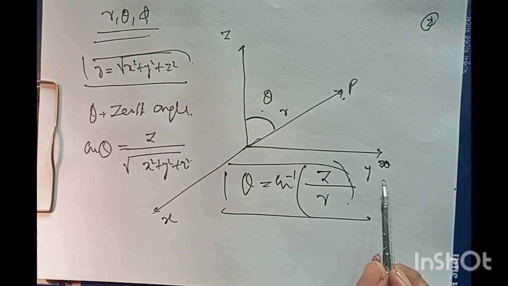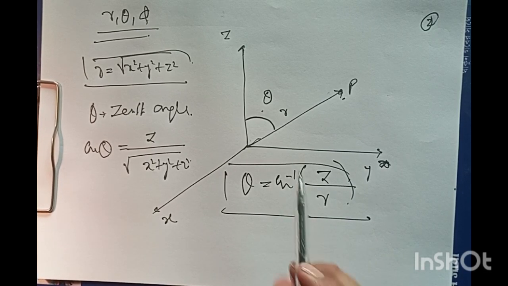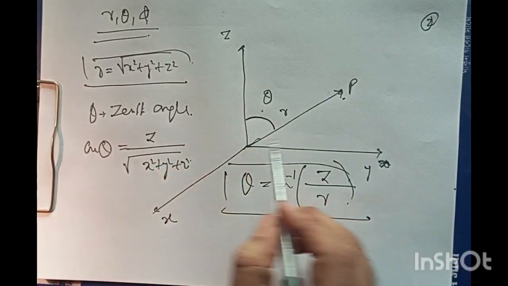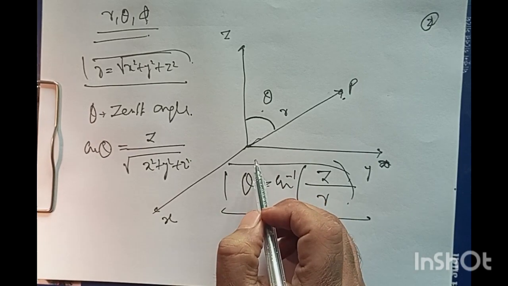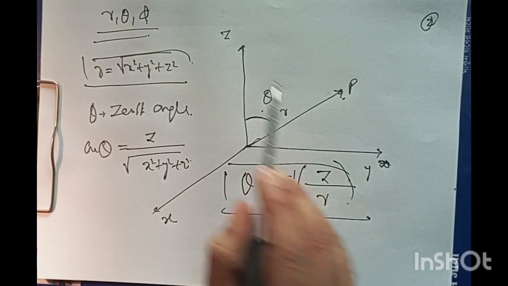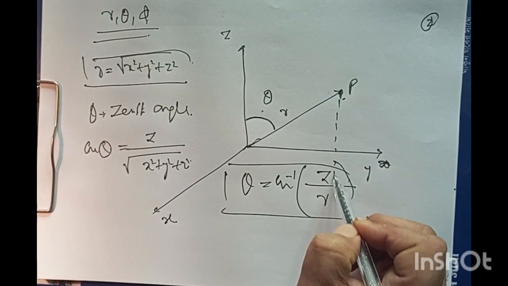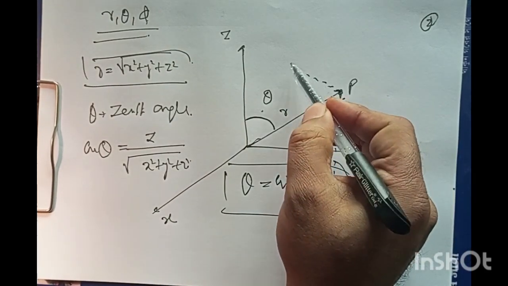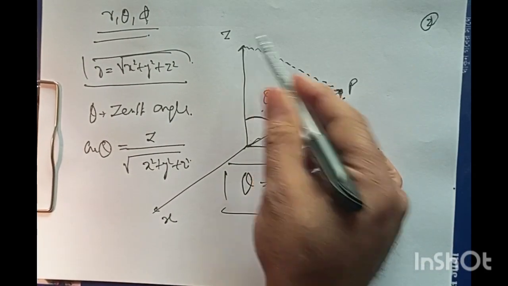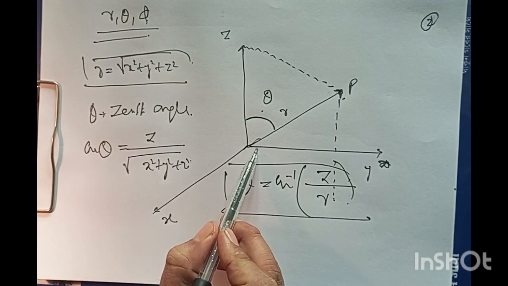Then we have the azimuthal angle, which is called phi. If we draw a perpendicular from here onto the plane of x and y, we will have this whole plane that will go like this.